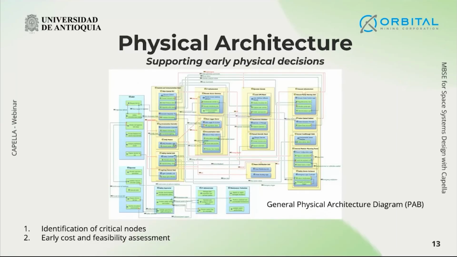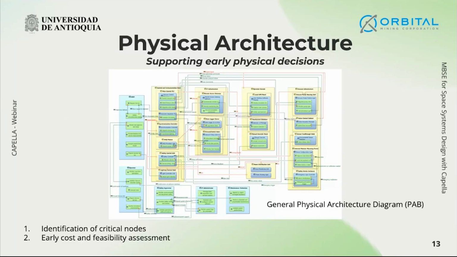Well, now we have the physical architecture. In the physical architecture, logical functions were mapped to real components and nodes. This is one of my favorite parts of the whole design project, because we have to start thinking about all the physical components, all the physical objects that you have to then procure or buy to construct your facility.